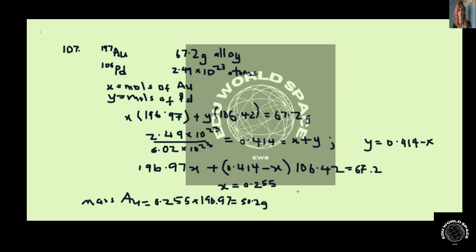So now we can find the percent composition, that's the mass composition of gold in the alloy, right? So the percent mass of gold is going to be equal to the mass that we've just calculated, 50.2 grams, divided by the total mass, which is 67.2 grams, times 100.